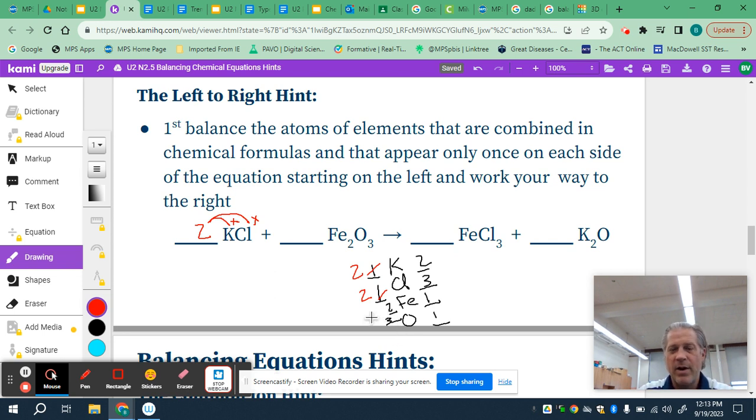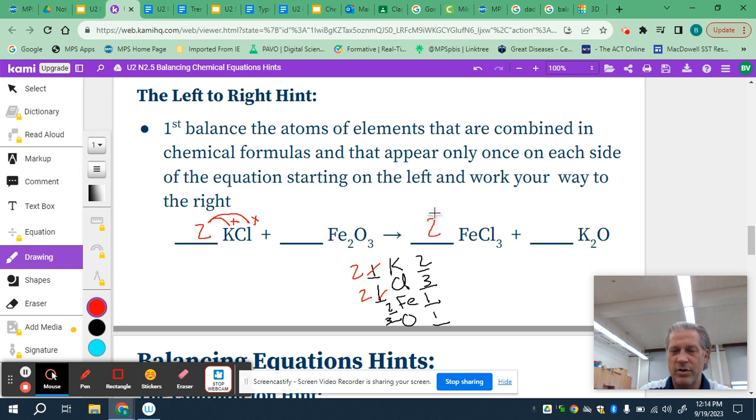I want to try to balance them, but they're a little bit wonky. There's an odd number of chlorines on one side and an even number of chlorines on the other side. So even though we're going to go left to right, I'm going to skip to the iron right away because I think that might solve my problem. I'm going to balance my irons, which in this case, there's 2 irons over here and 1 iron over here.